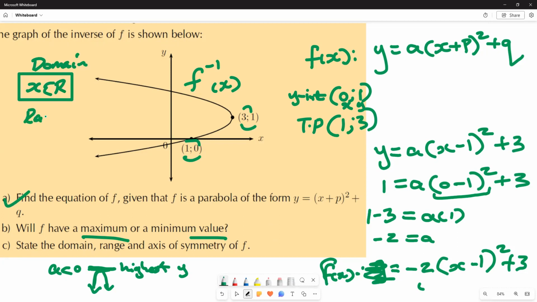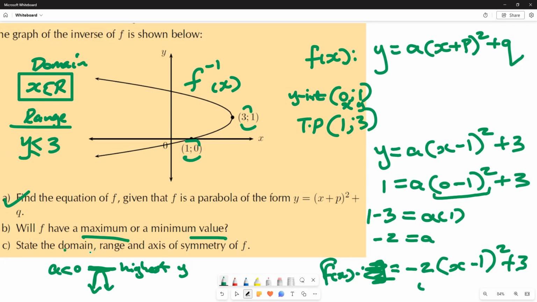Right, now the range. Remember the range on the parabola, you're interested in the y in the turning point. The y in the turning point is 3. And the graph is facing down. So y will be less than or equals to 3. If the parabola was facing up, you're going to say y is bigger or equals to 3.